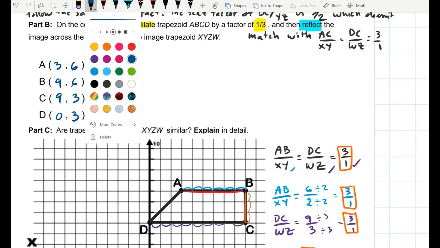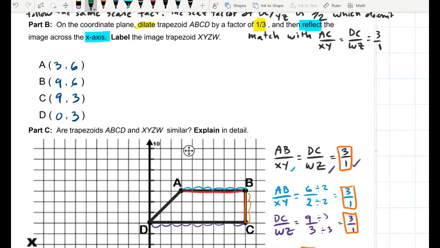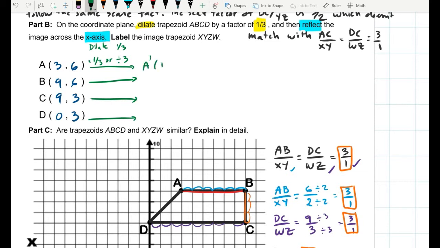Dilate with scale factor of 1/3. Basically we multiply by 1/3, or we can just divide by 3. So A prime: 3 divided by 3 is 1, 6 divided by 3 is 2.